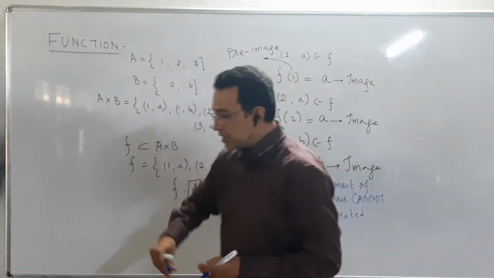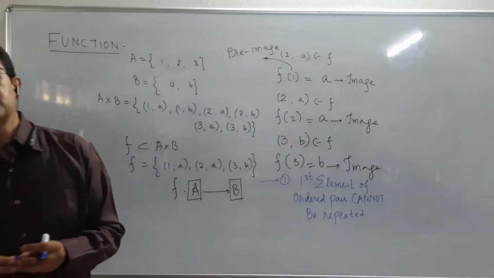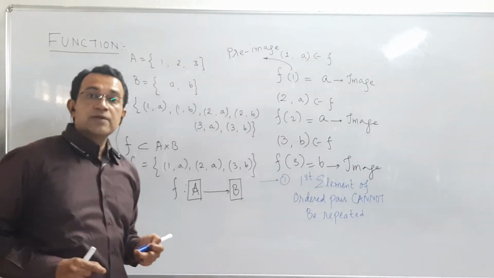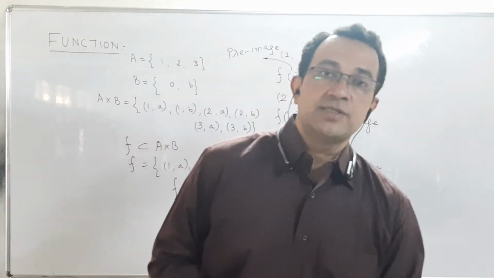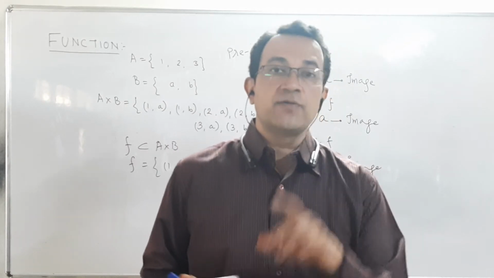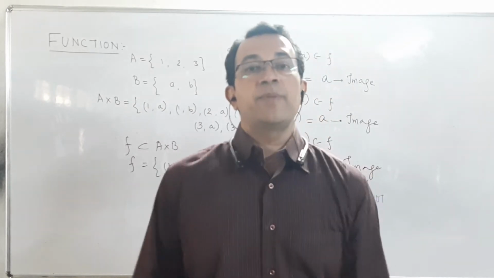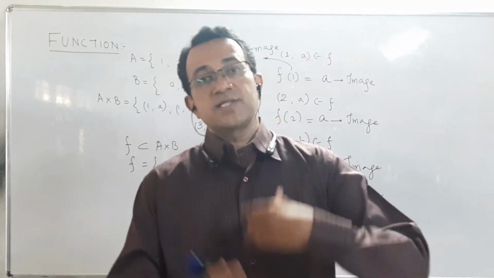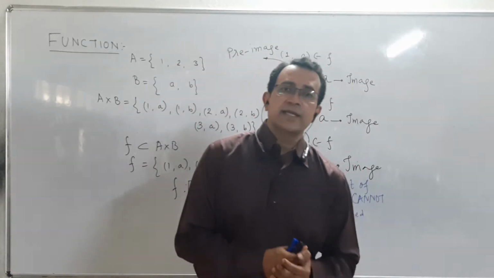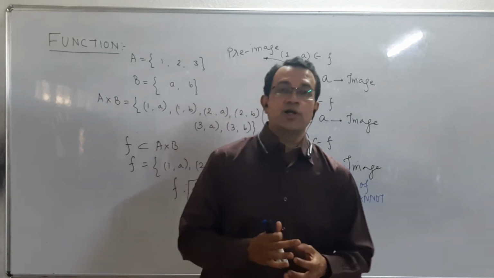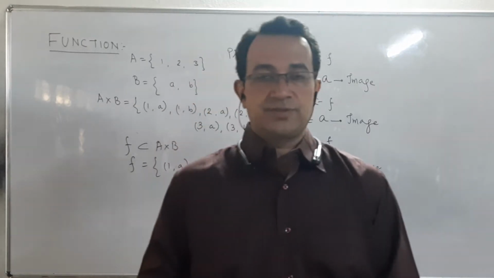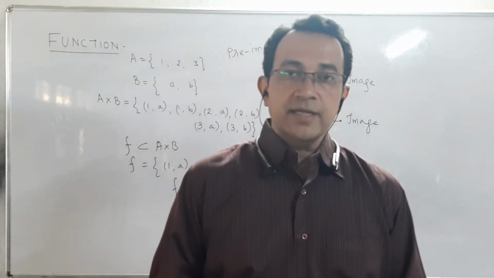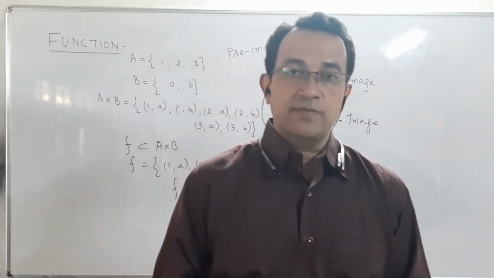Check, in these three ordered pairs, the first element cannot be repeated. So whenever we have an ordered pair representation of a function, students, the first element of the ordered pair cannot be repeated, whereas the second element in the ordered pair can be repeated any number of times.